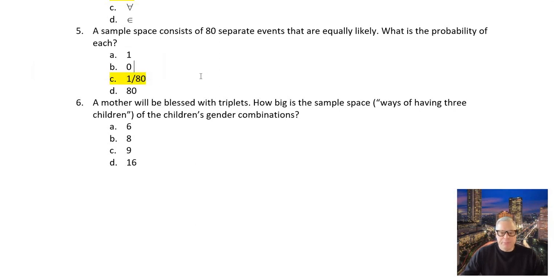A mother will be blessed with triplets. How big is the sample space? Ways of having 3 children. Okay, so there are a total of 8, 2 times 2 times 2. And the way it goes is like, so when the stork comes, the first may be a girl or a boy.